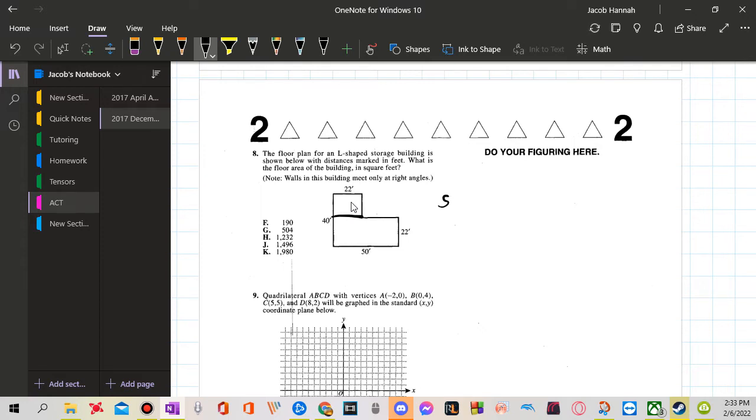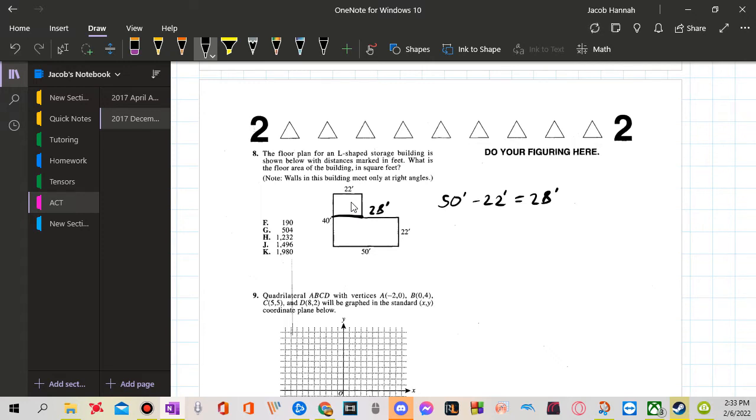So we can do 50 minus 22. The units are just some convention, so ignore them for now, unless they want you to convert something. So 50 minus 22 is 28, so that's what this side equals.